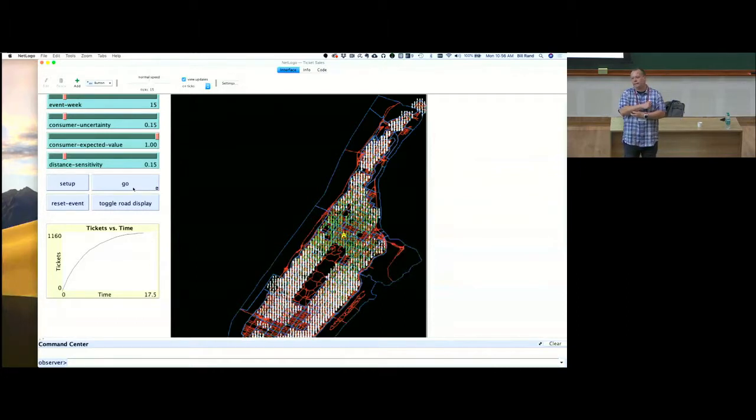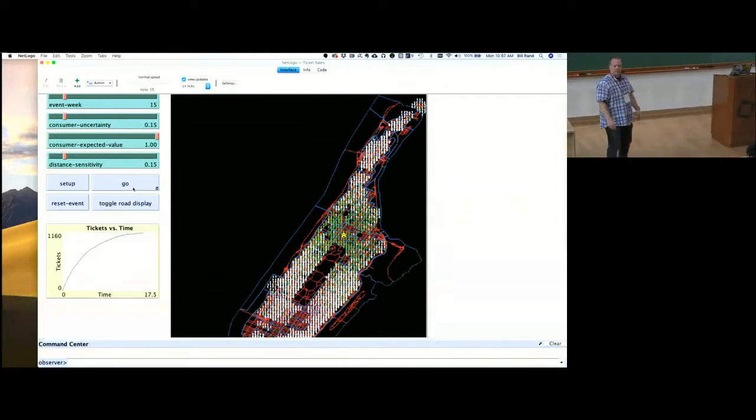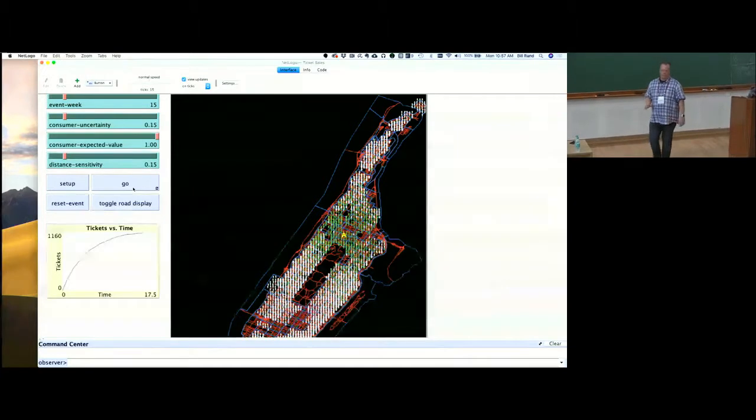What I did was populate each of those census blocks with one agent for every 1,000 households in that census block. So I'm essentially approximating, at a 1 to 1,000 level, the actual dynamics of ticket sales in Manhattan. Makes sense that way? Okay.